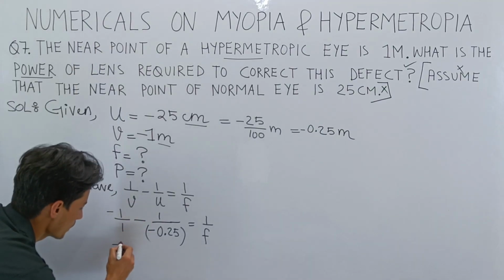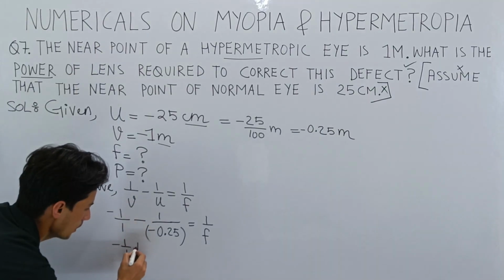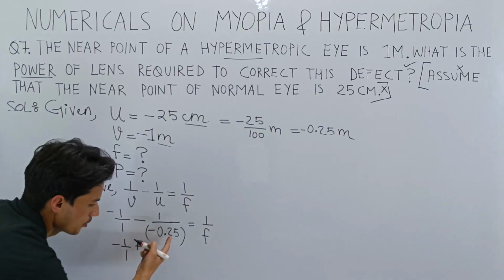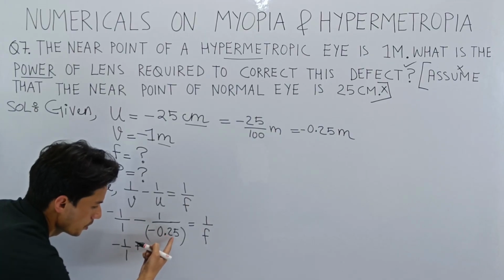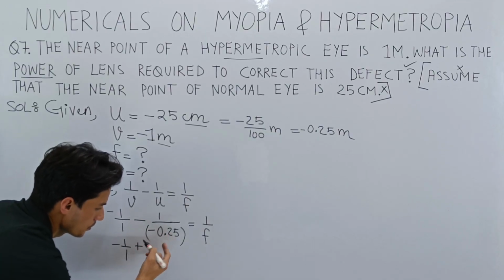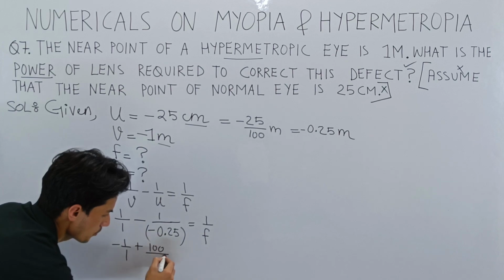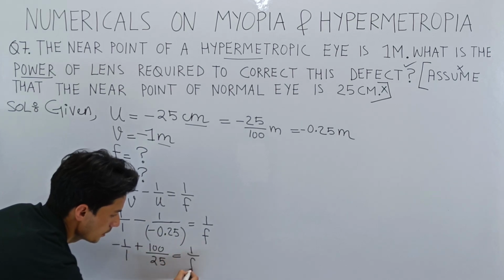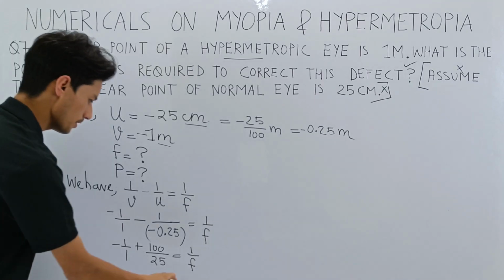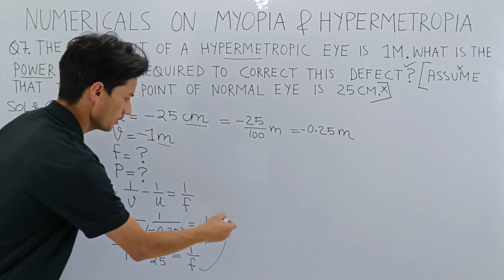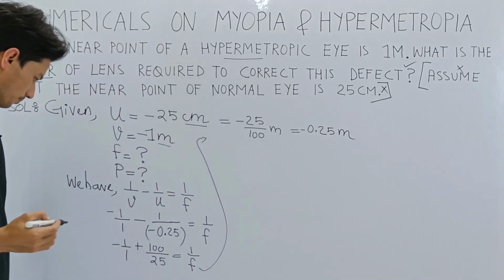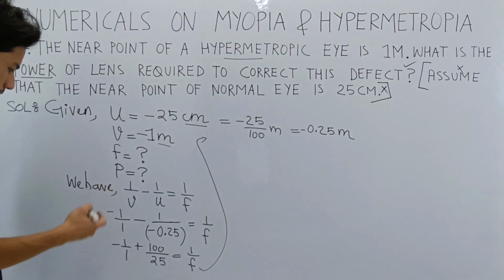So this is minus 1 by 1, this is minus and minus, plus. Let's remove the decimal, 0.25. After the decimal there are 2 numbers, so below put 2 zeros, you will get 25, and this is 1 by f. Next step, let's take it to this side. Now on this side we have to take LCM.